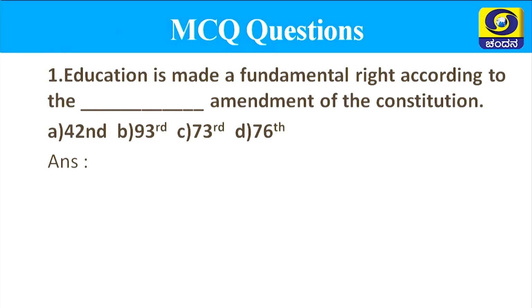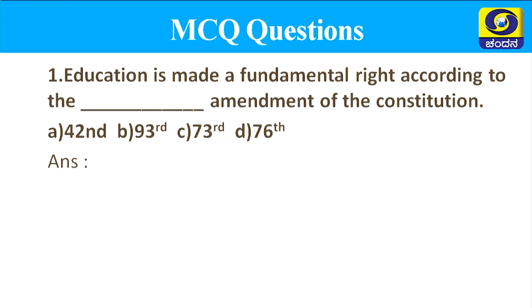Next, the most important questions, especially multiple choice questions for this unit. It is very important for your exam, and also it is a general knowledge question. First multiple choice question: education is made a fundamental right according to the dash amendment of the Constitution. Four options are given. The first option is 42nd amendment.